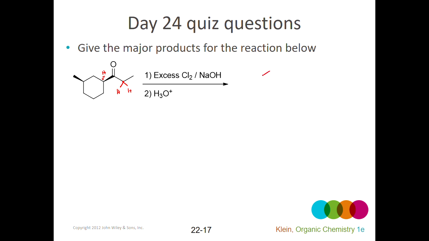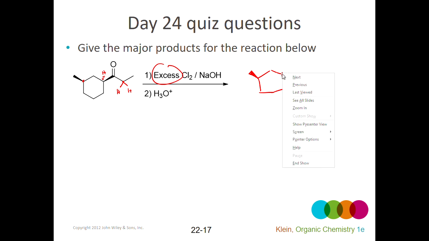So the first thing I expect to happen, since I have excess of these reagents, is for every alpha proton to be replaced one by one, going through an enolate intermediate that can pick off a Cl from a Cl2. I don't expect anything to happen over here at this site because it's not alpha. There shouldn't be any stable intermediate that could occur if any reactions occur there.